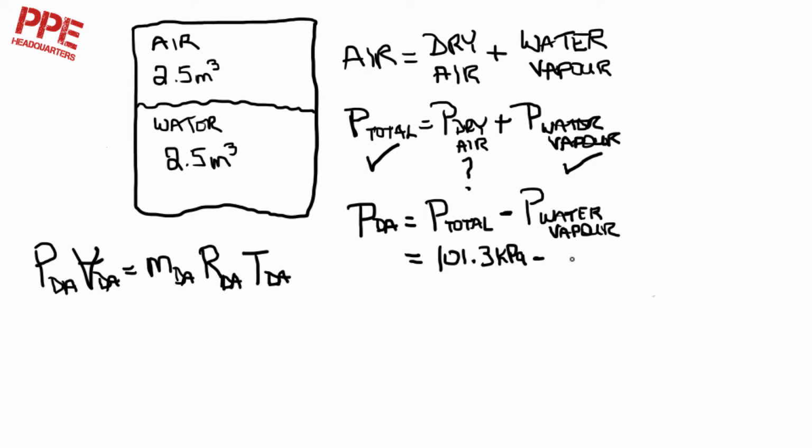And the partial pressure of the water vapor is 7.3814 kPa. So 101.3 minus 7.3814 gives us roughly 93.9, always followed up with our units.